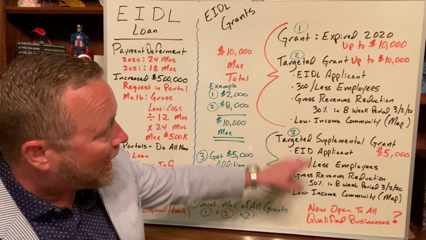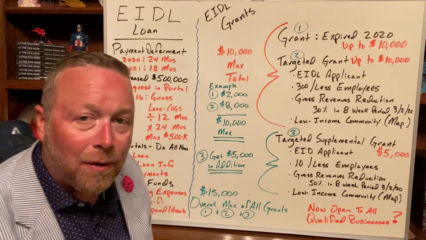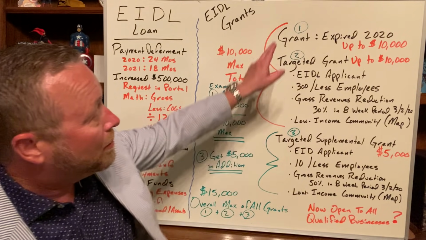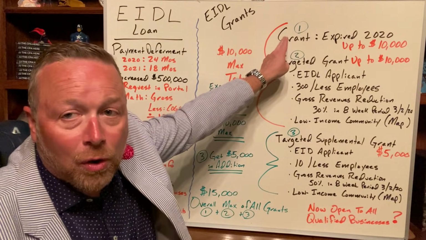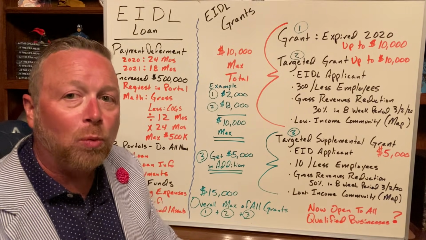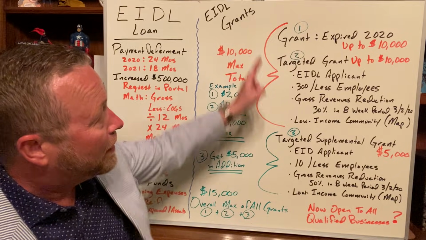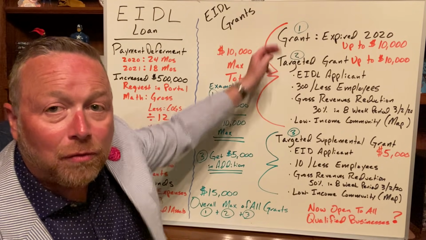The targeted grant and the supplemental targeted grant is not $1,000 per employee. Basically, this up here, the one in 2020, was the only one that was based on the number of employees. That's why some didn't get the full 10 grand.